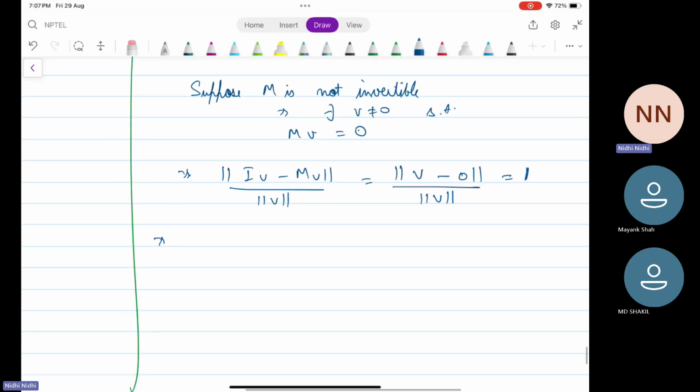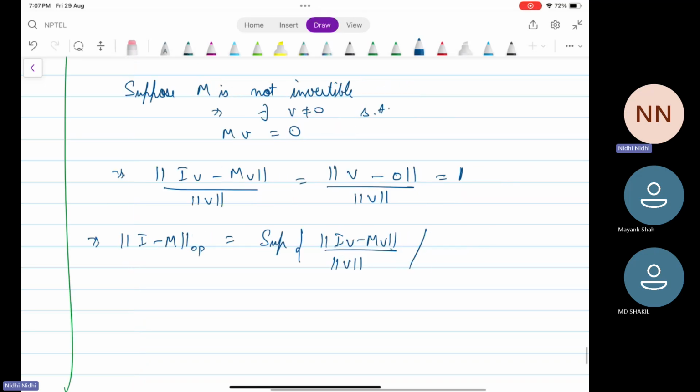So the operator norm of I minus M, which is the supremum of norm Iv minus Mv upon norm v for v non-zero, we are given is strictly less than 1.